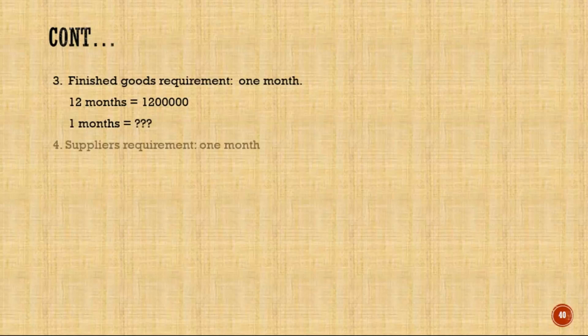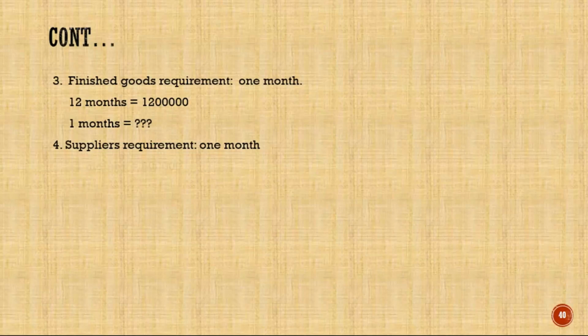Then we have the suppliers requirement, which is also called the creditors requirement, and that is 1 month. On which figure do we have to calculate the suppliers requirement? Who are the suppliers? Suppliers are the people who are supplying raw material to the manufacturing unit, to the business firm.